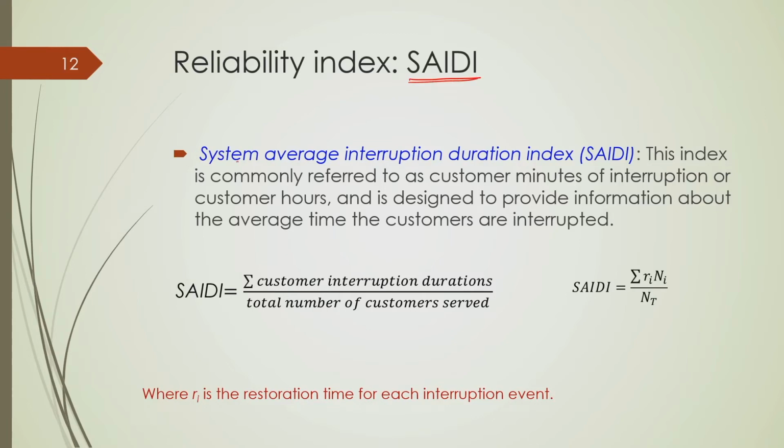Now, the next index is SAIDI, which is System Average Interruption Duration Index. Previously the index was System Average Interruption Frequency Index, now we have System Average Interruption Duration Index. Just looking at the term duration, you can understand that it is related to the interruption duration.